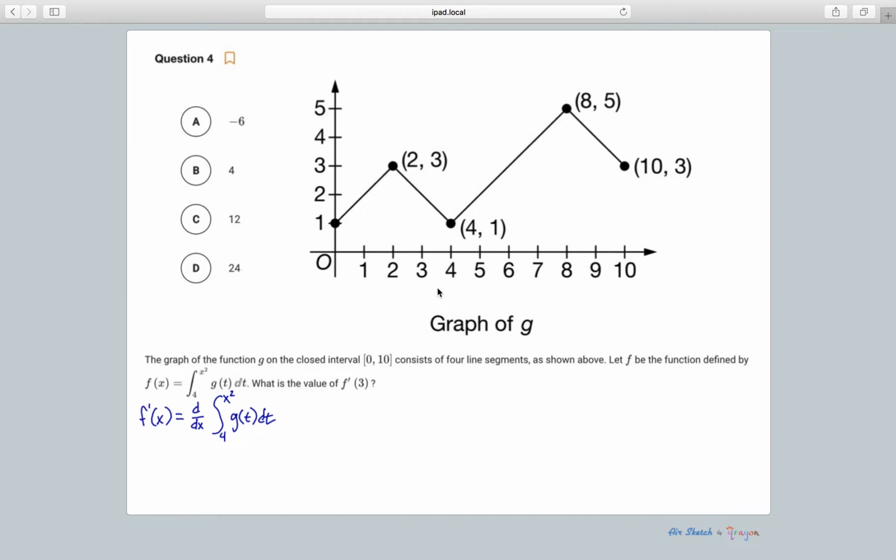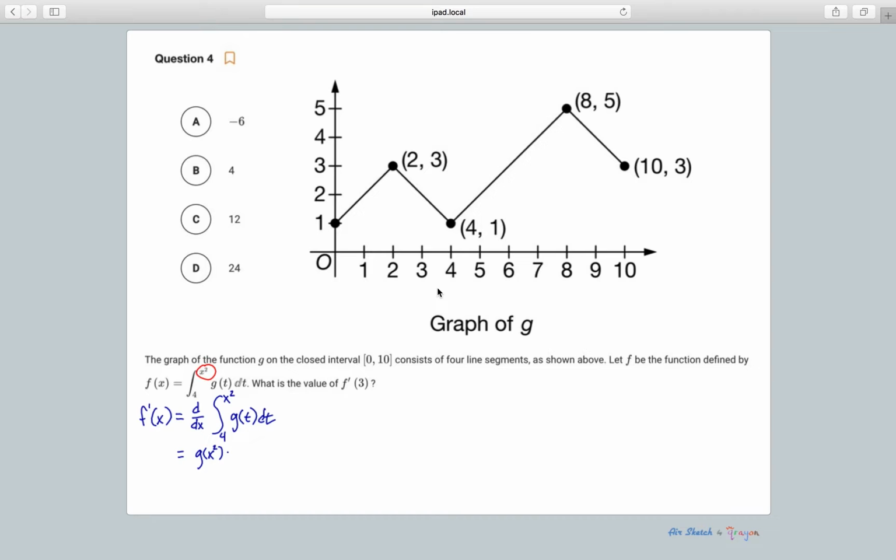Now, the only difference here is that notice our input is a function itself, so we need to be using the chain rule. So the chain rule says the derivative of the outside function, which normally would just leave us with g of x, but in this case, it's going to be g of x squared.